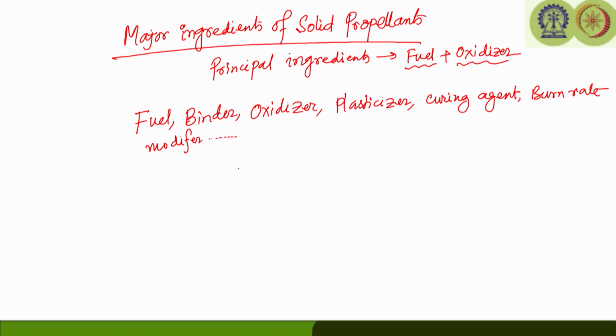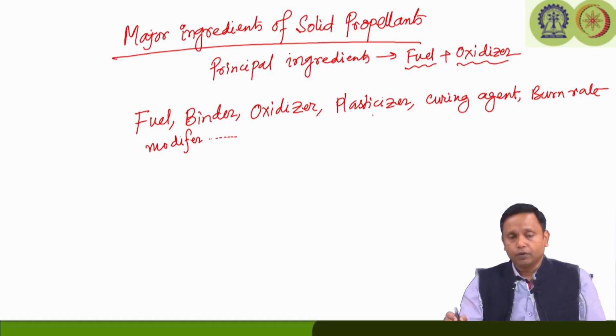Many things may be added depending on the choice of the propellant and the purpose for which the propellant is being made. Depending on that, a number of different ingredients have been tried or are being tried even now.